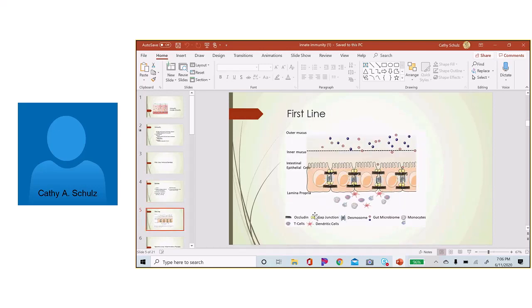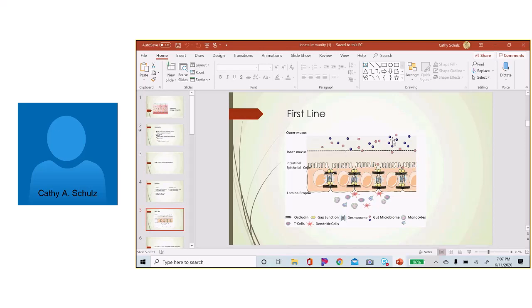So this is kind of a picture of them all together. This is a picture of intestinal epithelial cells. These brown lines and yellow circles are all ways that the cells are attached to each other, so it's hard to breach that barrier. These villi can trap substances.